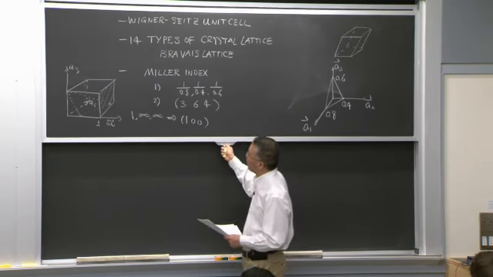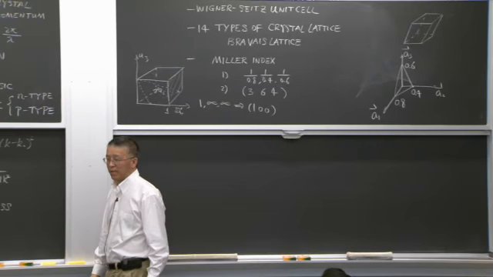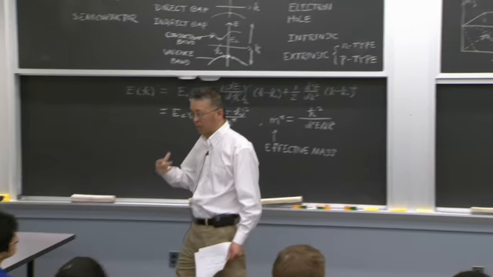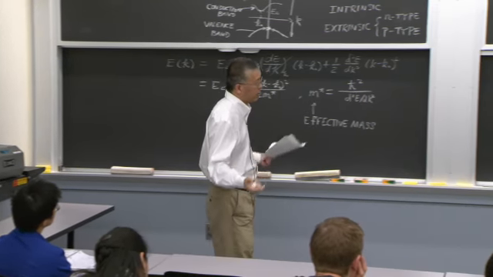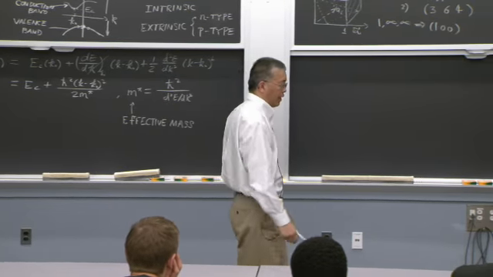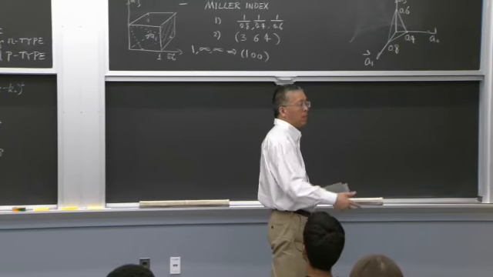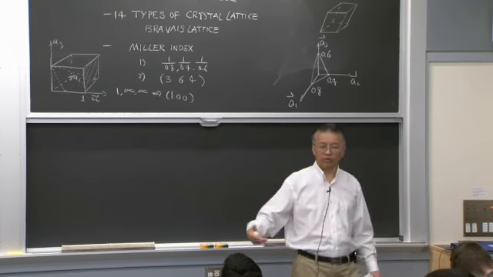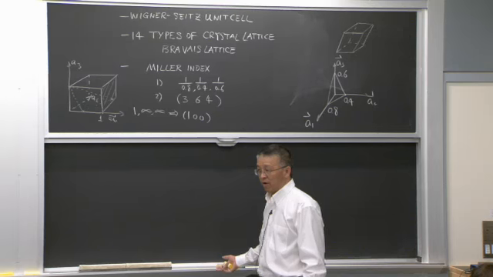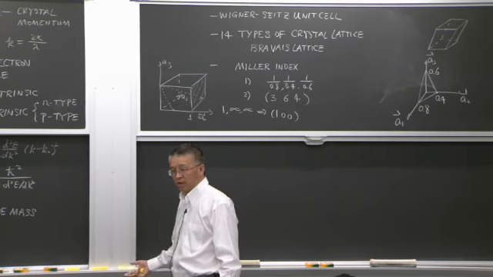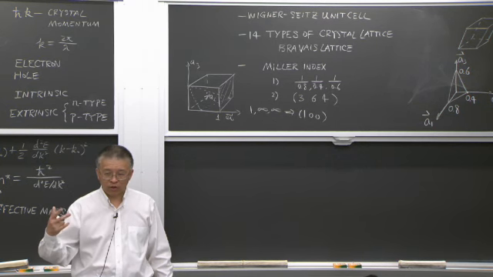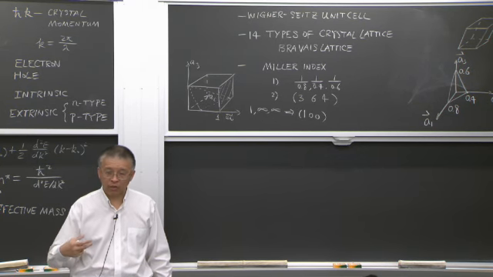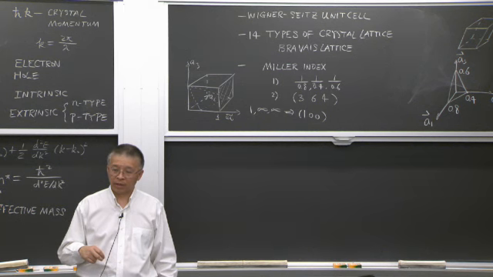Okay, so far this is mathematics. We see the lattice point is abstract. There's no mass, just a periodic array, and there are 14 types. But we have so many variations in the real world, different crystals, different materials. So structurally, among the 14 types, the difference is really what you put at each lattice point.